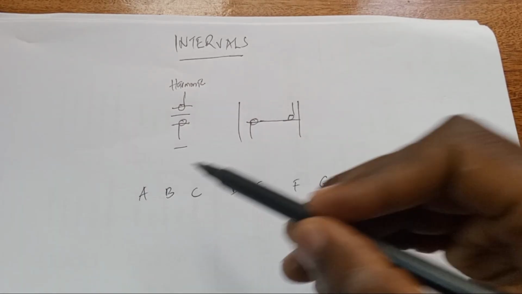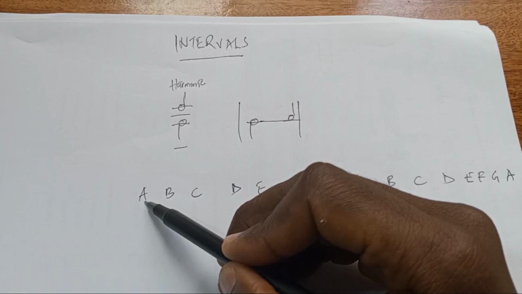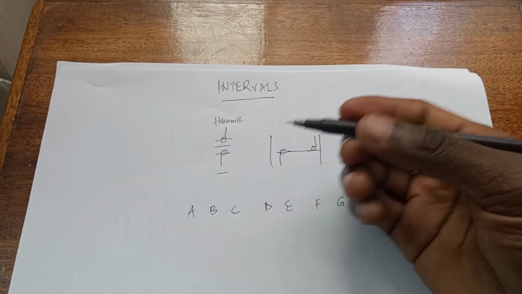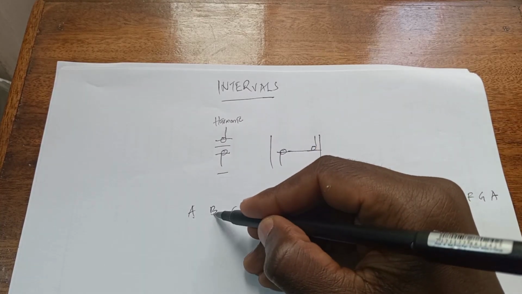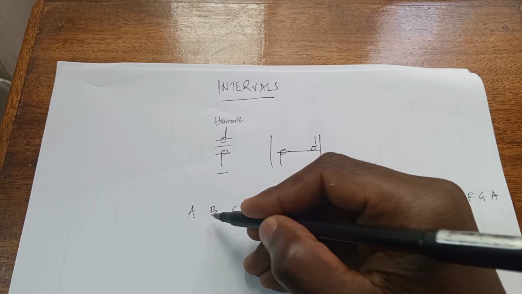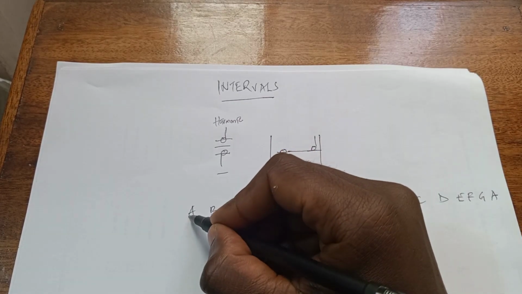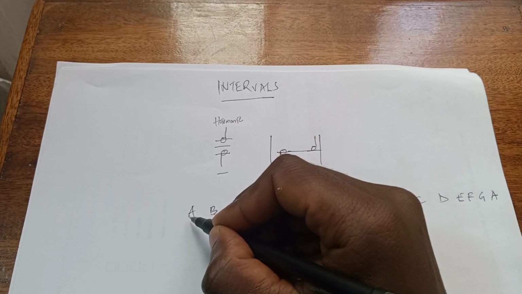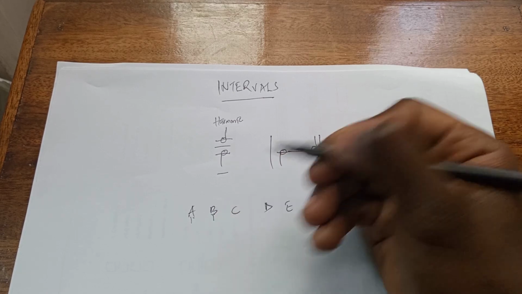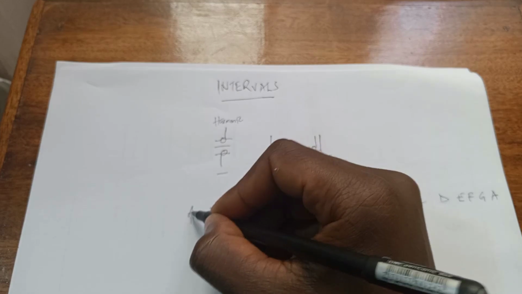Now, if your note is on A, you determine the interval by number from A to B by counting. We have A and we have B. So these are two letters, and those 2 letters give you an interval of a second.